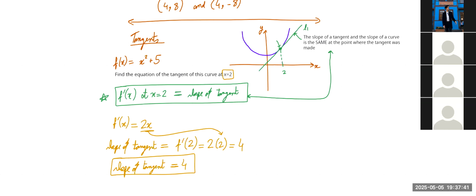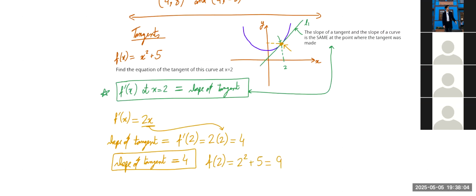We know that the tangent passes through this point, where x is 2. And we can find the y value of this point very easily, because we know that this point is on the curve, and we know the equation of the curve. So we can find the y value of this point by simply plugging x equals 2 into the main curve, which will give me 2 squared plus 5, which is 9. Which means that this point, let's call it point A, has x value 2, and y value, as I just found out, 9.